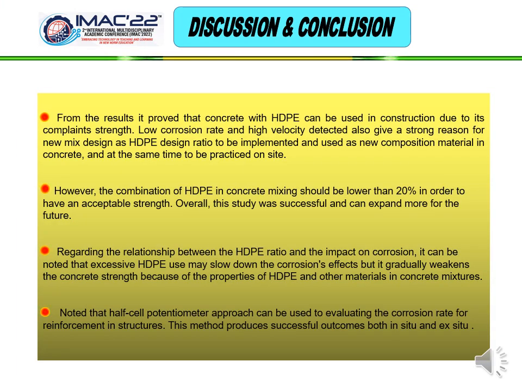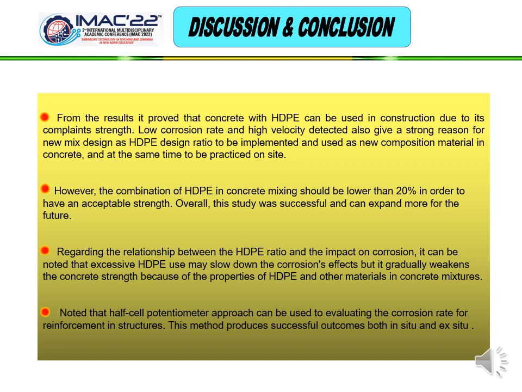From all the results shown, the discussion and conclusion is that the results proved concrete with HDPE can be used in construction due to its compliant strength. The low corrosion rate and high velocity detected also give a strong reason for a new mix design with an HDPE ratio to be implemented and used as a new composition material in concrete, and at the same time to be practiced on site.